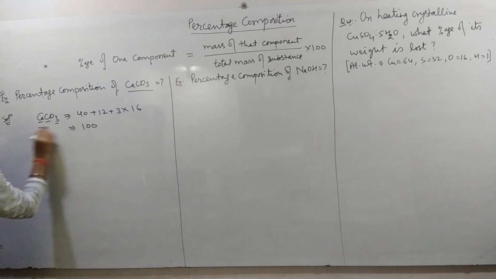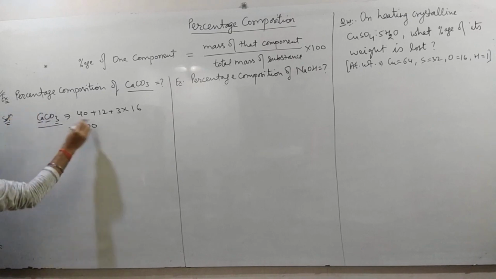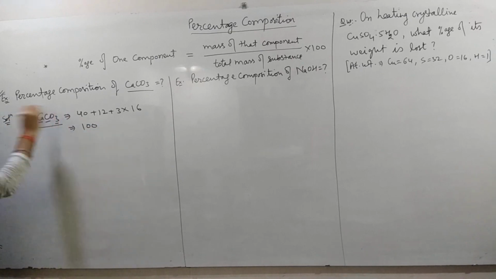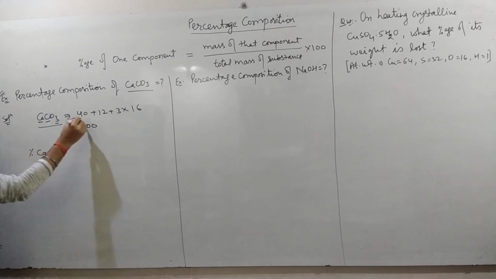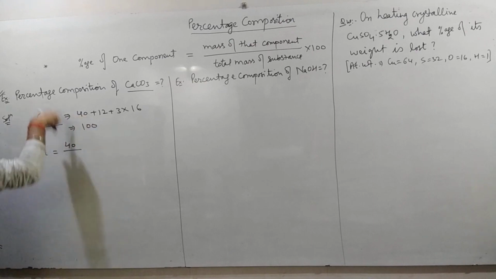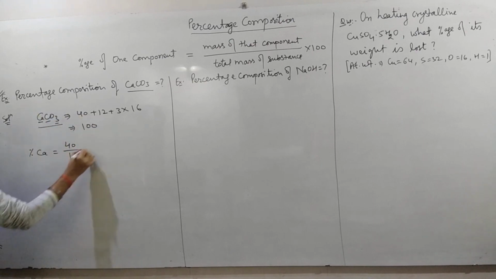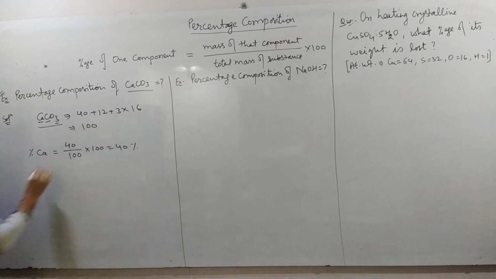Now, in this molecule, there is 1 calcium, or we can say 40 gram calcium out of 100 gram of calcium carbonate. So, percentage of calcium is equal to mass of calcium divided by total mass of calcium carbonate into 100, which is 40%.